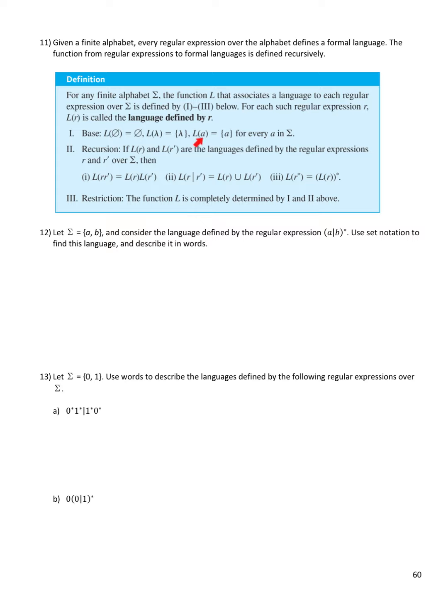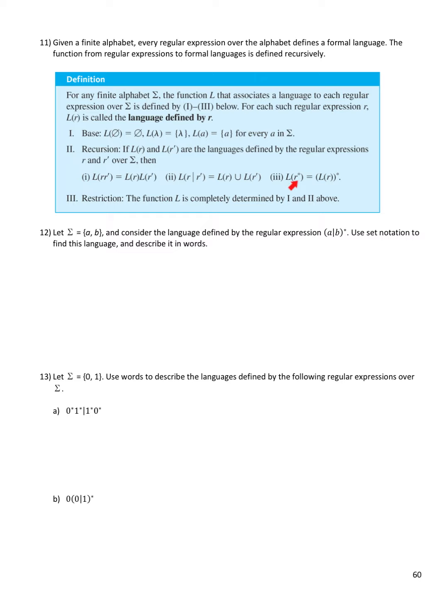The language of any element A is just the set {A}, for any A in the alphabet. And then if L(R) and L(R') are the languages defined by the regular expressions R and R' over sigma, then the language of R concatenated with R' is the language of R concatenated with the language of R', and the language of R or R' is just the language of R unioned with the language of R'.